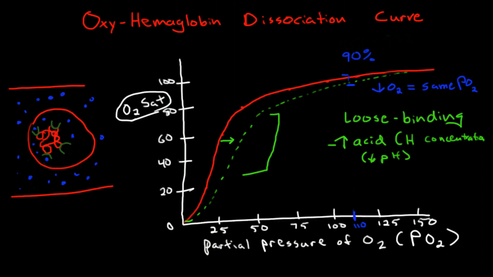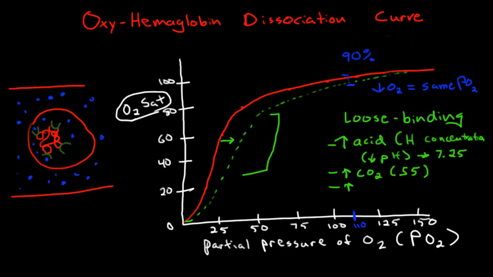So a normal pH is 7.35 to 7.45 in the blood. So this would be a decrease to a pH of maybe 7.25. At the same time, increased carbon dioxide concentration. So again, a normal carbon dioxide concentration is around 35 to 45 millimeters of mercury, a partial pressure. And if we increase that to, say, 55 millimeters of mercury, then that would shift the curve to the right.